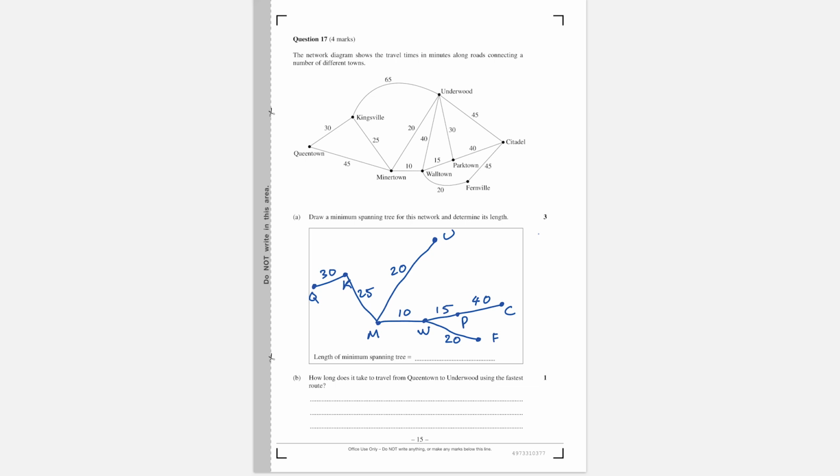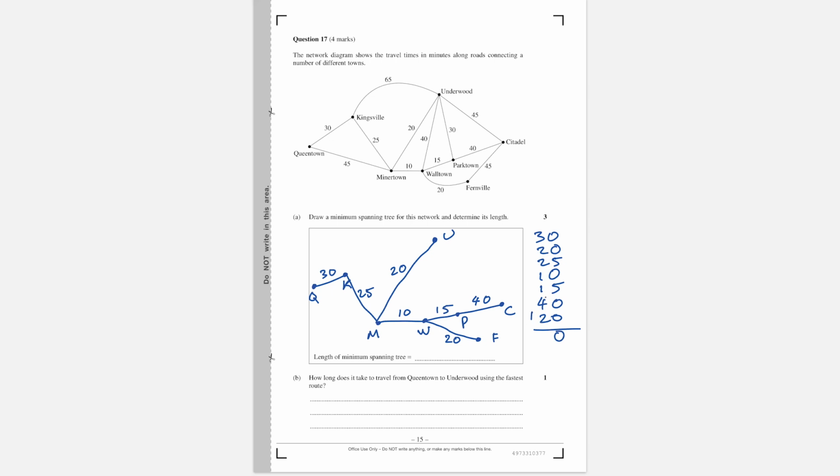So now we simply want to add up these numbers. So 30 plus 20 plus 25 plus 10 plus 15 plus 40 plus 20. Okay, so I'm just going to do this by hand.